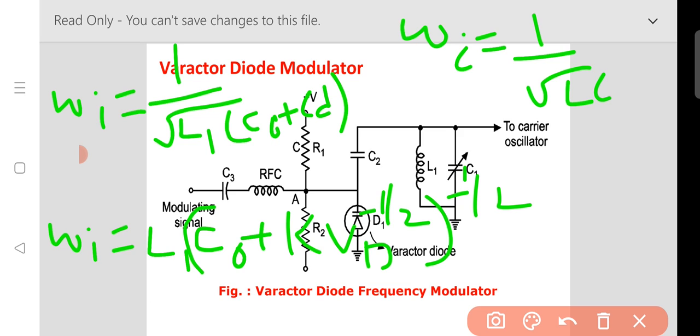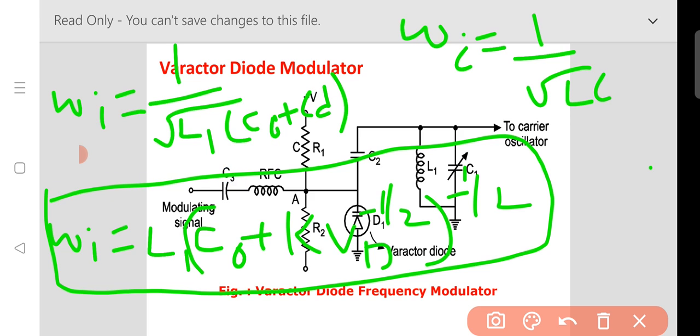I told you about this a few minutes ago. So observe this relation. Omega I, the instantaneous angular frequency at an instant of time, is [L1 into (C naught plus K into VD power minus 1 by 2)] whole power minus 1 by 2.